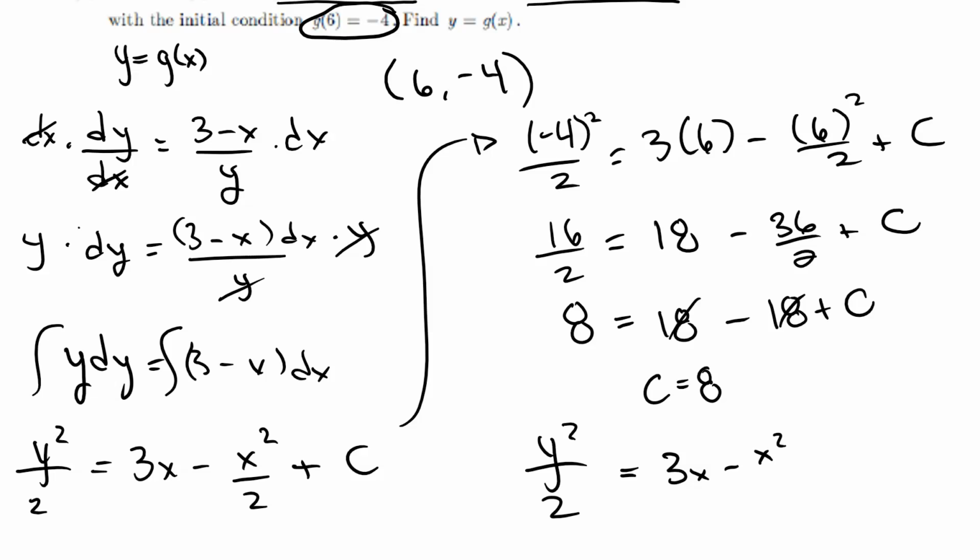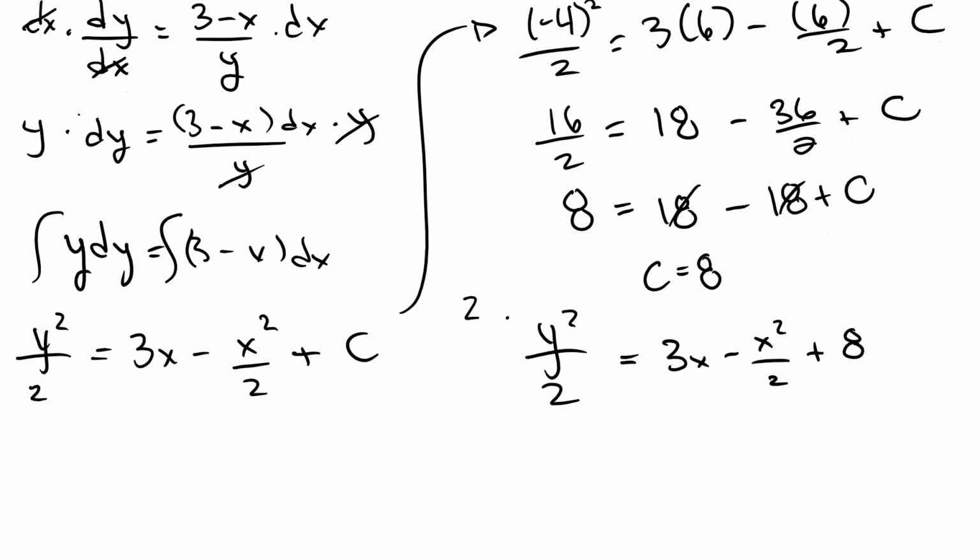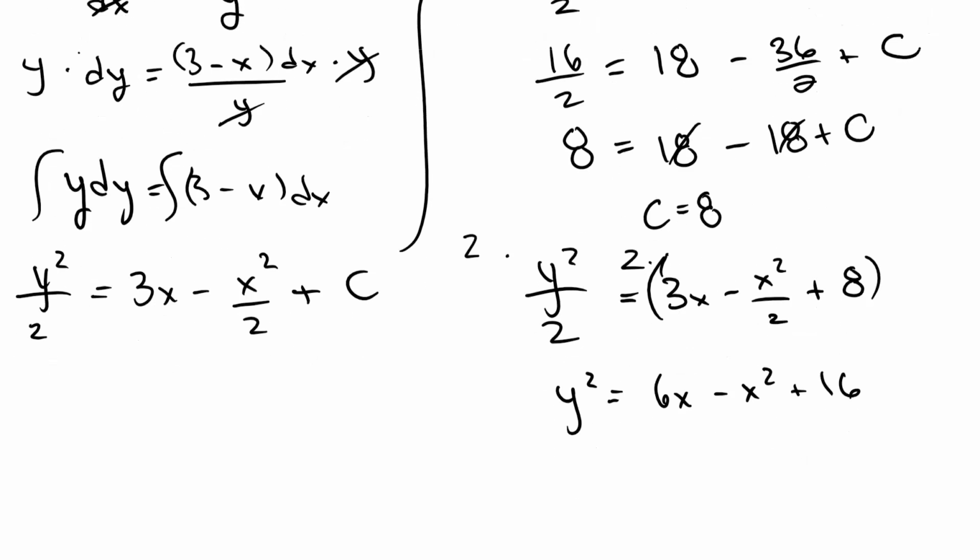And we're not done yet because we want our equation to be y equals. So we have to multiply everything by 2. So I've got y squared equals 6x minus x squared plus 16.